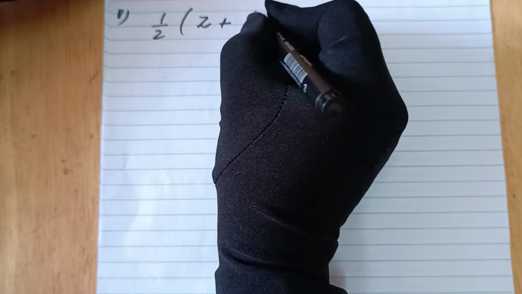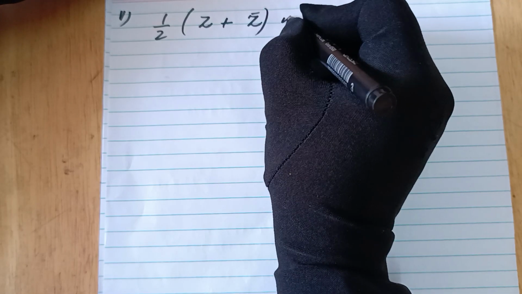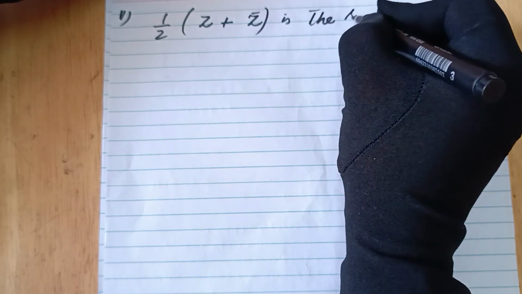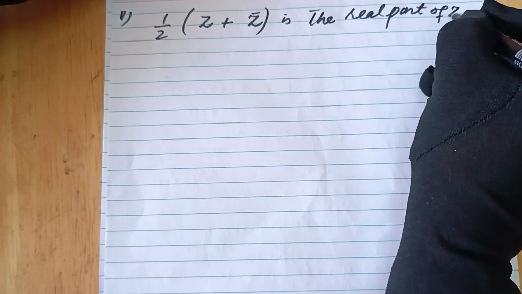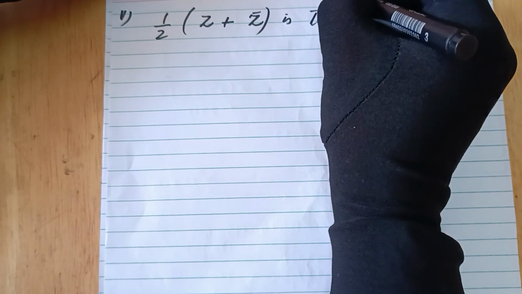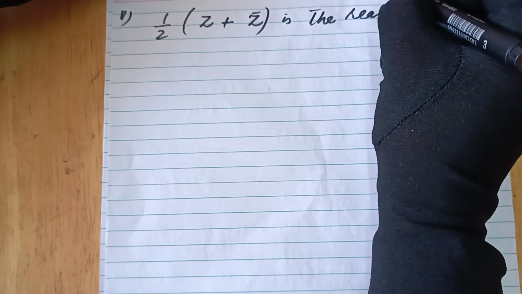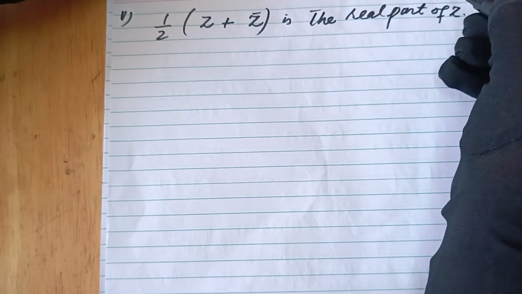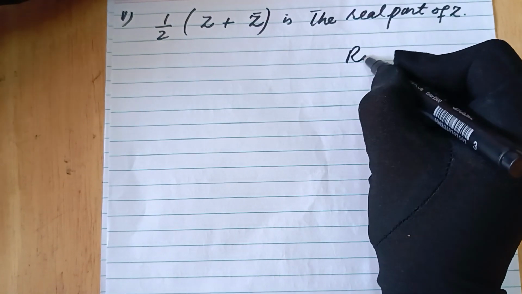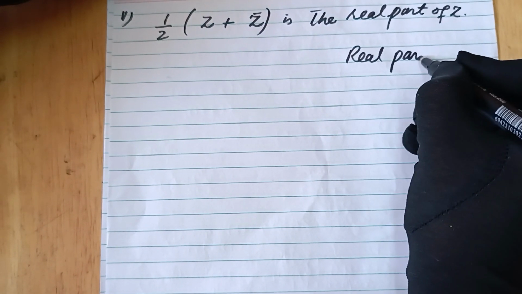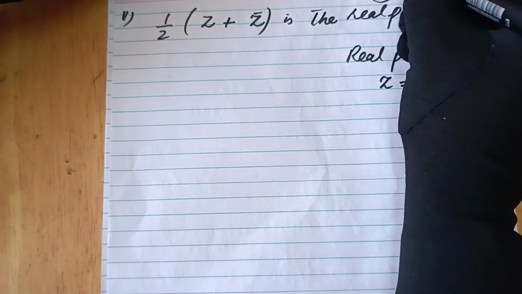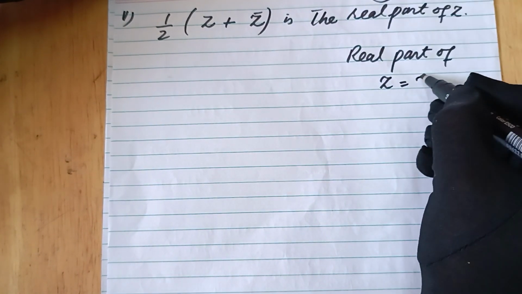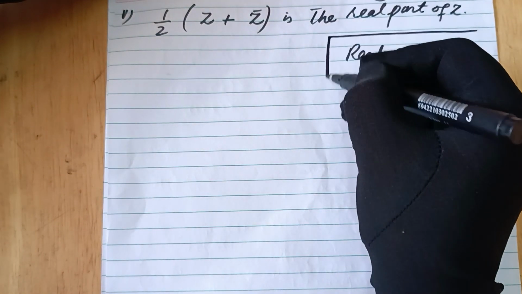They said prove that the real part of Z is (Z plus Z conjugate) over 2. First of all, check what Z is. Z was 2 plus 3i, and the real part of Z is 2. Your answer should be equal to that.